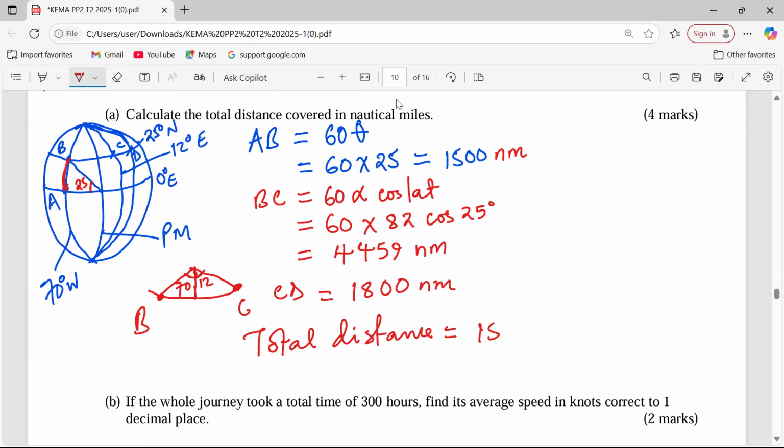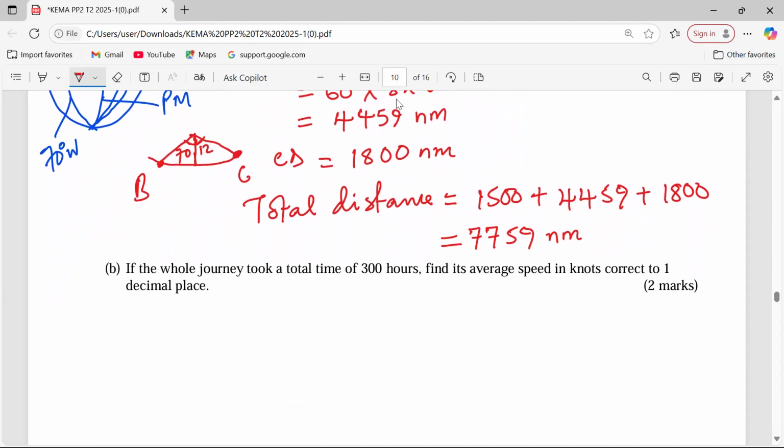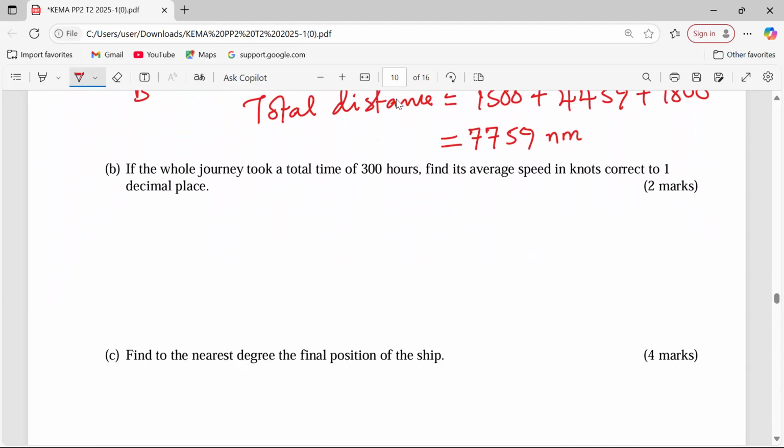We talk of 1500 plus 44.59 plus 1800. And this is going to give us exactly 3344.59 nautical miles. So that is the distance in nautical miles. We can proceed to part B.